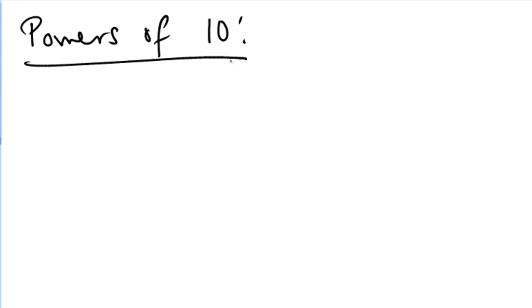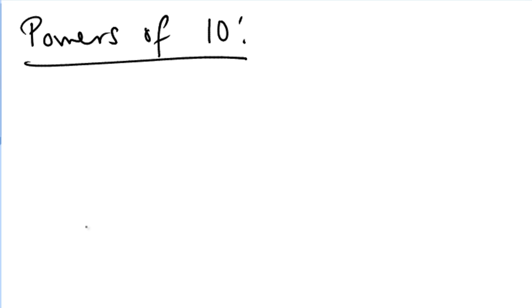You'll notice that our entire number system, the way that we write numbers generally, uses what's called a base 10 number system. This means that every place value is a power of 10. The ones place, the tens place, the hundreds place, the thousands place. Same thing for the decimal part. The tenths place, the hundredths place, the thousandths place. Each of these places is actually a power of 10.